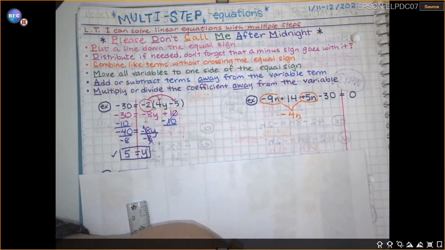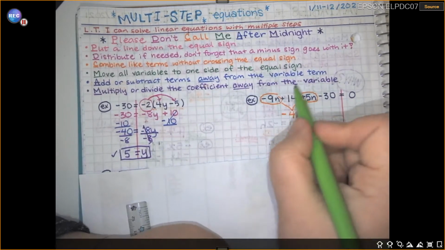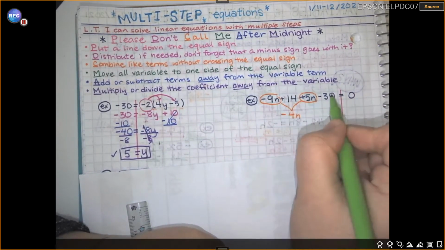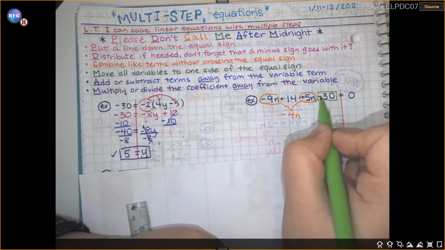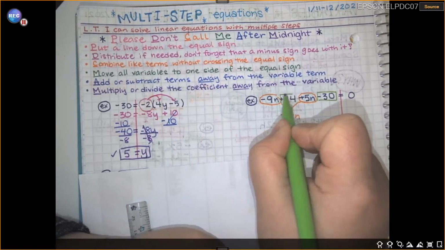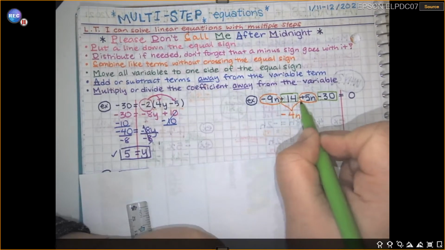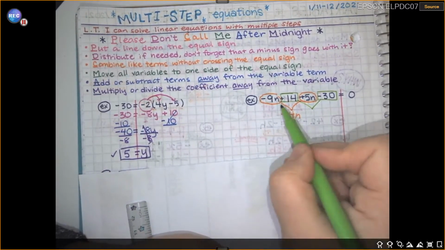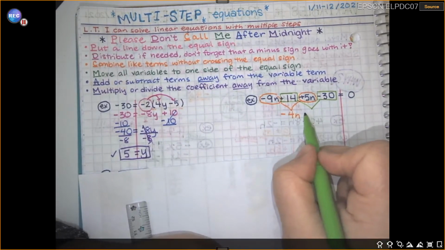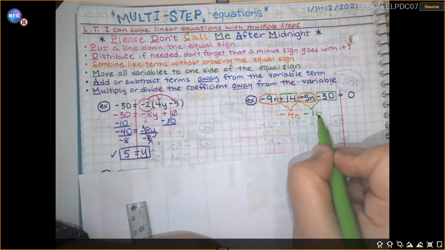Okay, and then I'm going to use a different color because we have these terms that don't have variables. Negative 30, because the sign in front of it tells us positive or negative, and positive 14. So again, feel free to use a calculator because it's positive 14 minus 30. That ends up being negative 16.